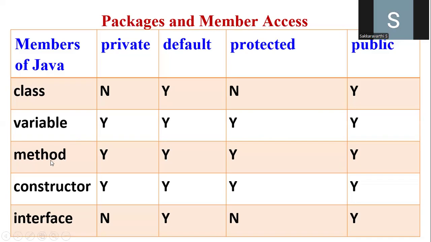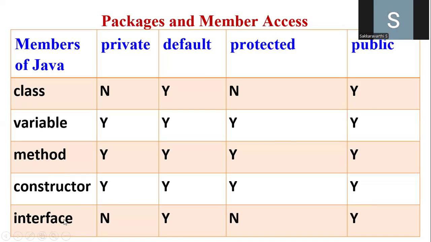And the next one is method. A method can be declared with the access specifier private, default, protected, and public. A constructor also can be declared with the specific access specifier private, default, protected, and public.